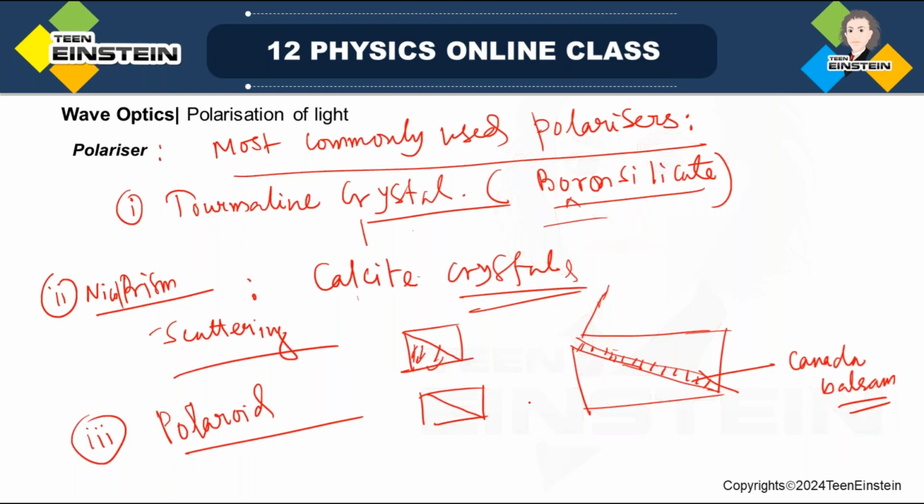If any ray passes through perpendicular to that chain, then that particular light will be absorbed. So the Polaroid has a molecular chain in a particular direction.